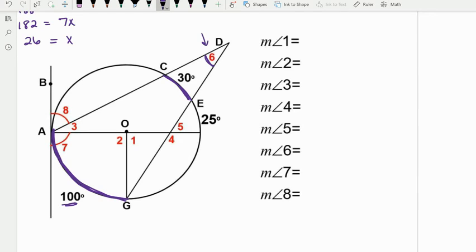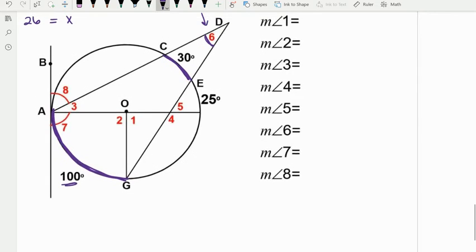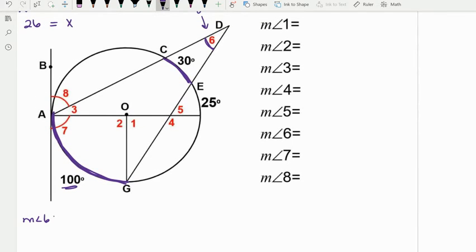And if this is an outside angle, then that means I want half the measure of the 2 arcs subtracted, right? So for angle 6, I'm going to do 1/2 of 100 minus 30, which is half of 70, which is 35. I can do that math. So half of 70 is 35. So angle 6 is 35 degrees.